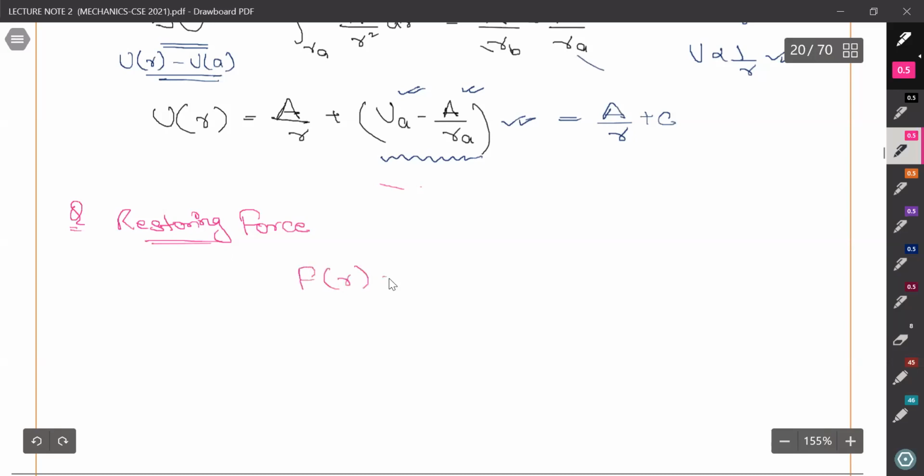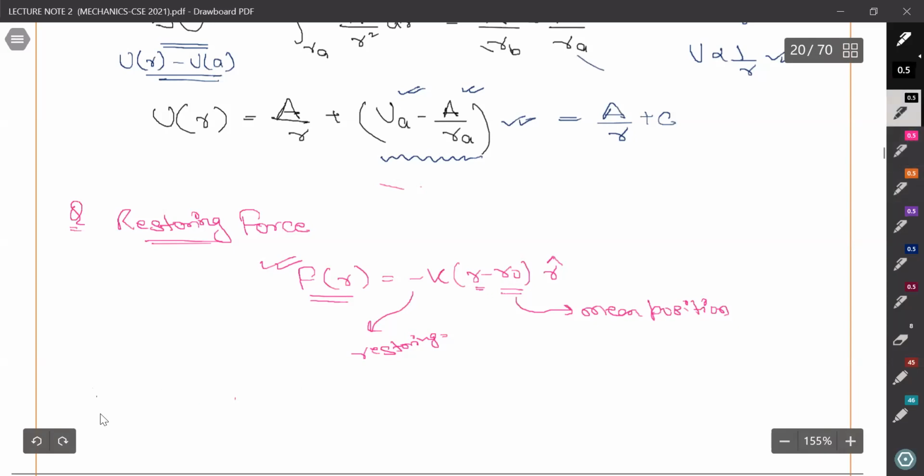F of r is equal to minus k times (r minus r naught) r cap, where r naught is the mean position and r is the distance. The minus sign signifies that it is restoring in nature. So treating this as conservative, because this is also a central force, we can find out its potential.